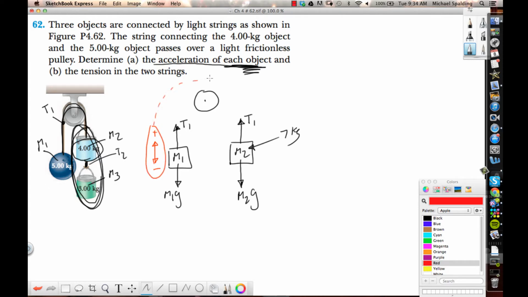It goes around the pulley. So over here, down is plus. The sign convention wraps the pulley because you can't have a positive acceleration on one side of the pulley and a negative acceleration on the other. Any questions up to this point? That's the free body diagram for the simplified situation.